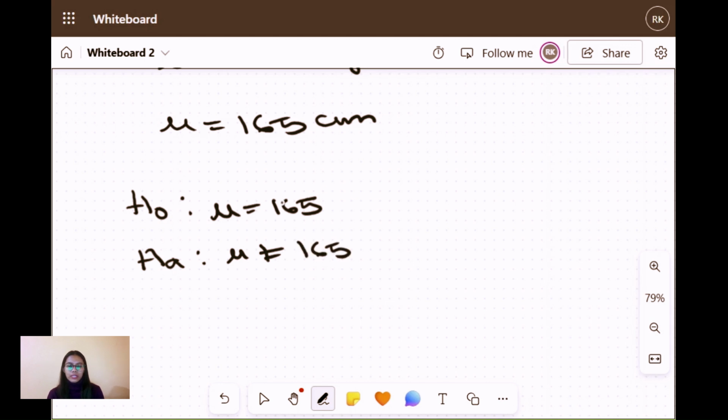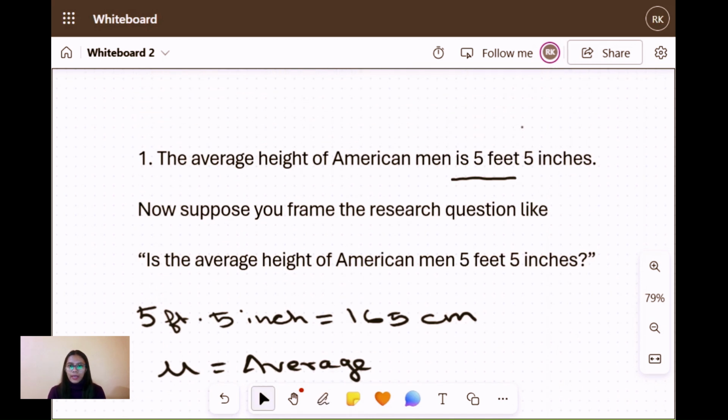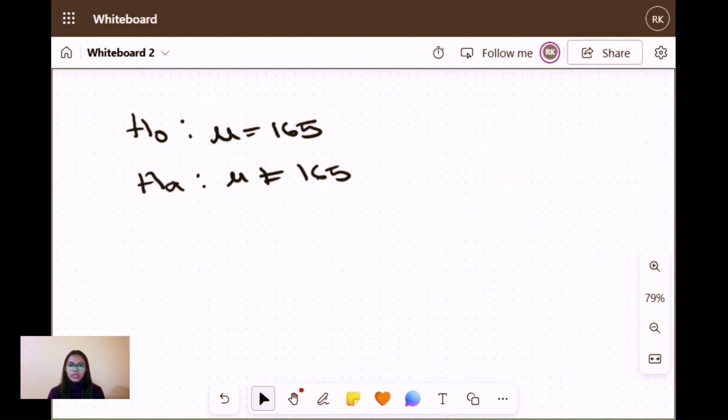Based on this, we know that H1 can be our claim, and the null hypothesis also can be our claim. For this scenario, as 5 feet 5 inches is included under the null hypothesis, here the null is our claim.